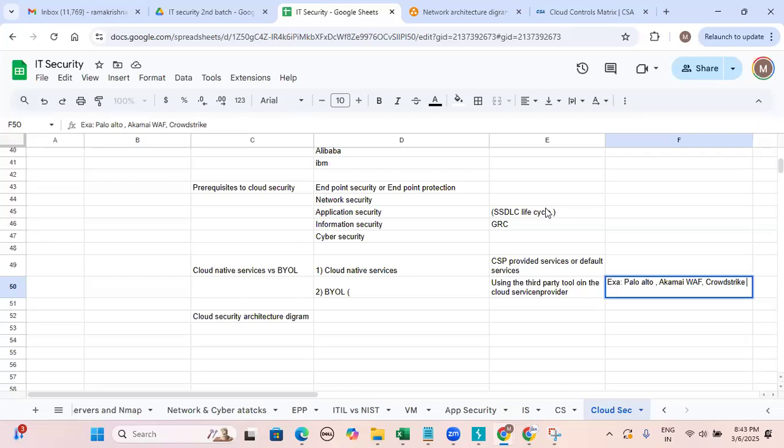This is how they compare different parameters. That may be retention policy, technical parameters, on-premise or deployment perspective, compliance related, cost perspective, and so on. So this is the way we can choose between cloud native services versus bring your own license. Okay, so that is about the difference now. Why I brought this topic now?